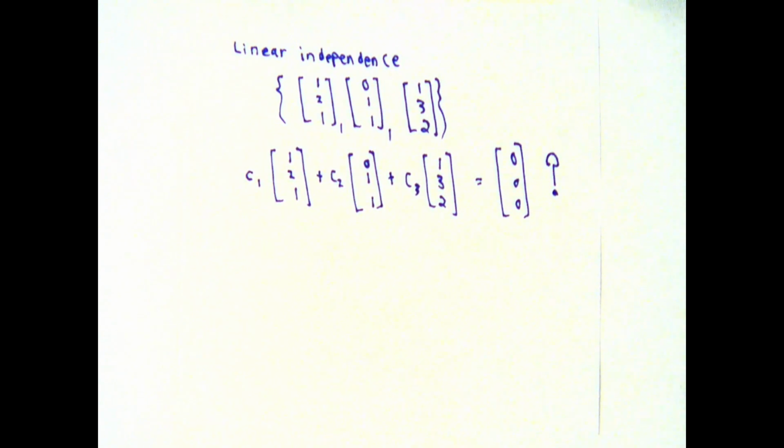If there's some way of doing it other than all of the C's being 0, we say that the set is linearly dependent. So let's calculate.